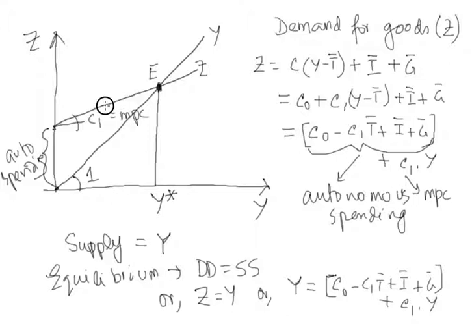At any level of output below Y star, so let's say Y1, we have Z on top of Y. That means at Y1, Z is greater than Y, which means there is excess demand in the market. Therefore, Y1 will converge towards Y star. How will this happen?